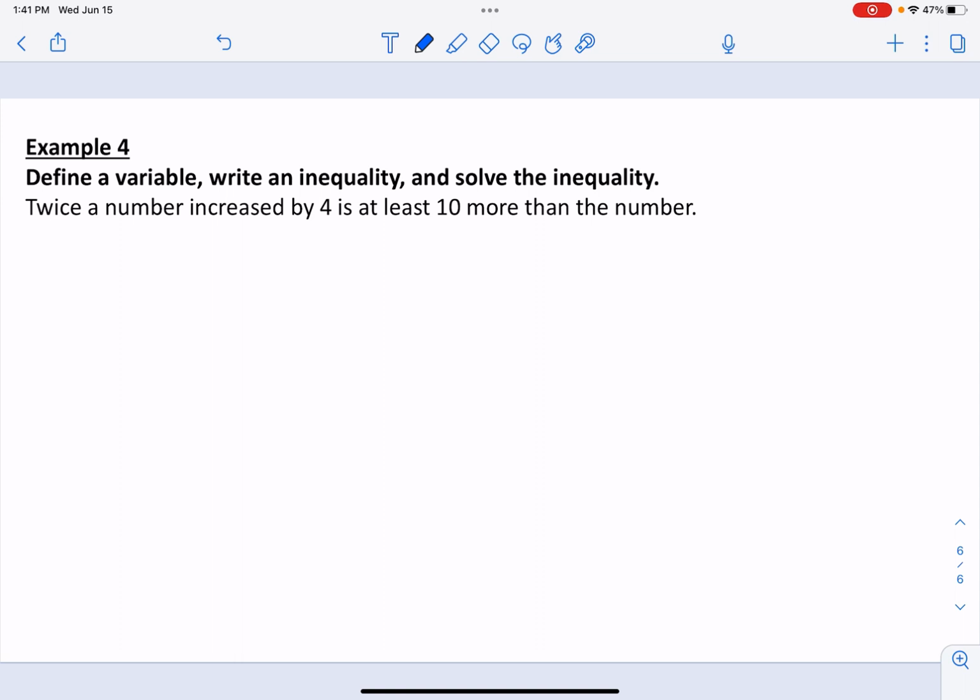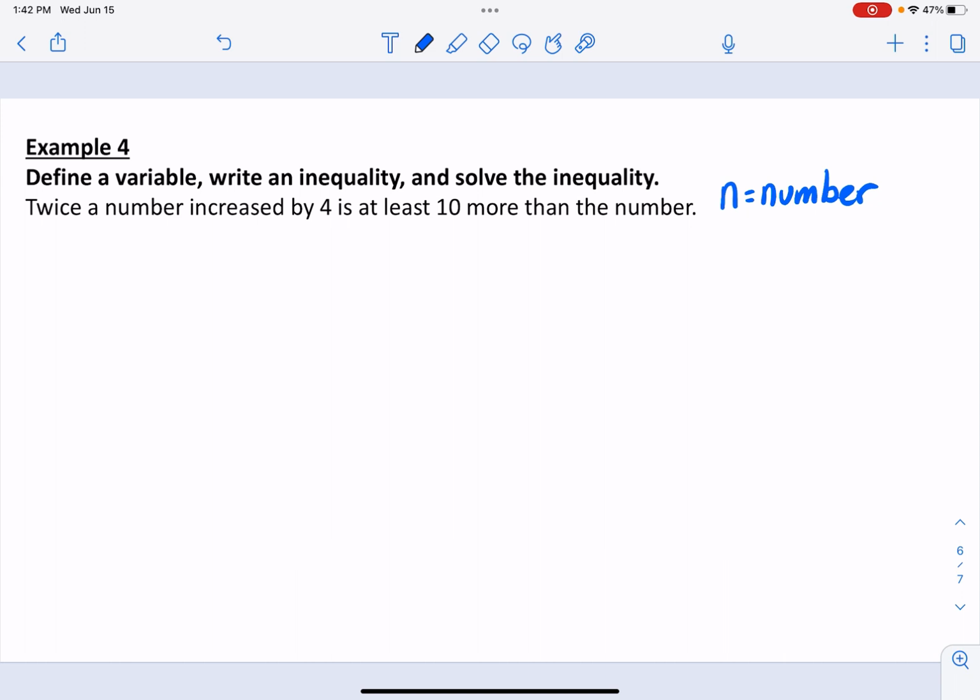So define a variable, write an inequality, and solve the inequality. Twice a number increased by 5 is at least 10 more than the number. Okay. Ooh, this one's a fun one. So it says define a variable. n is going to be our number.